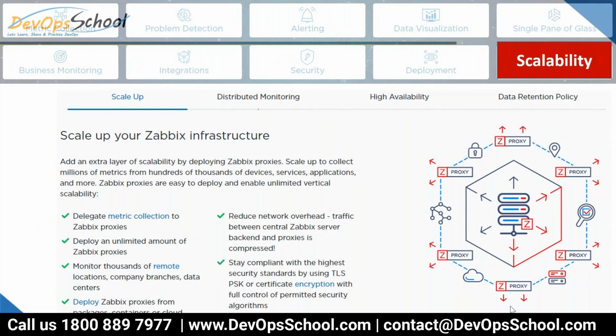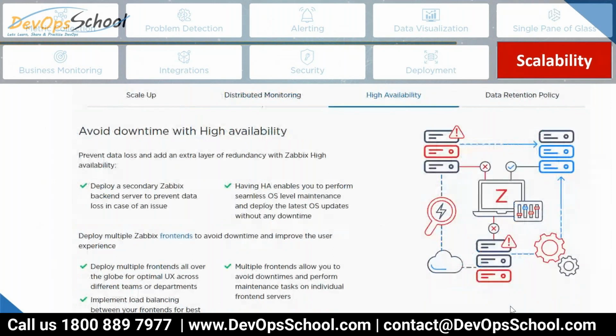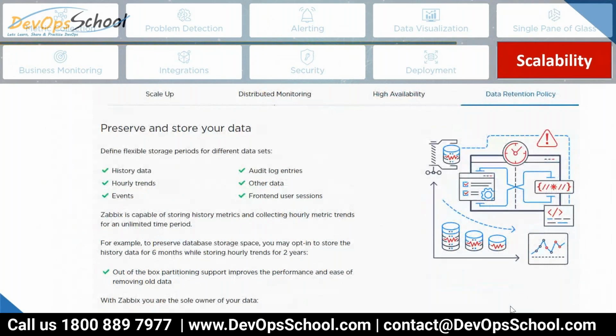You can run the Zabbix agent, server, proxy, gateways, and all this in a distributed infrastructure, so it will be easy for maintenance. As you scale your infrastructure, you can set up proxies, a centralized server, HA, and all kinds of things. That's very much possible with Zabbix. Distributed monitoring is possible, high availability is possible, and data retention policies you can also define. So that is also possible.